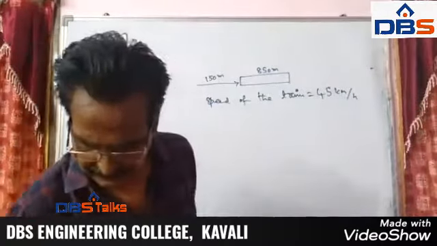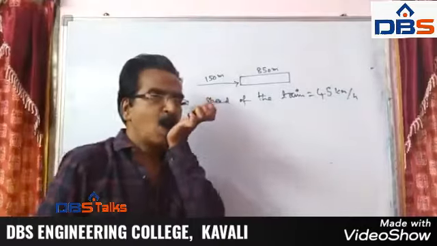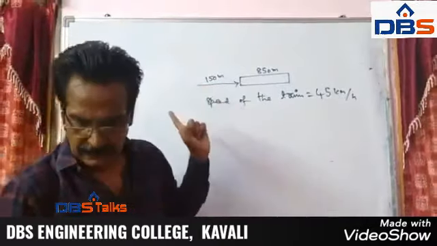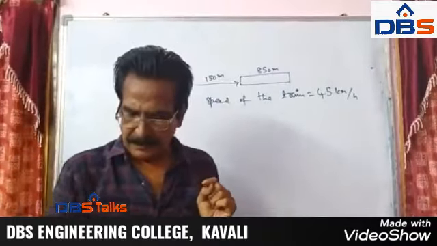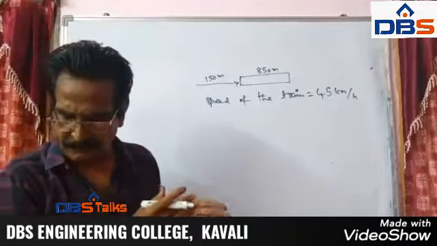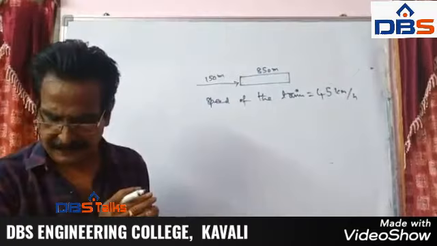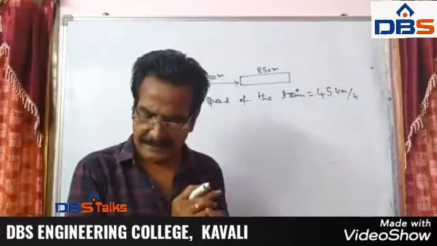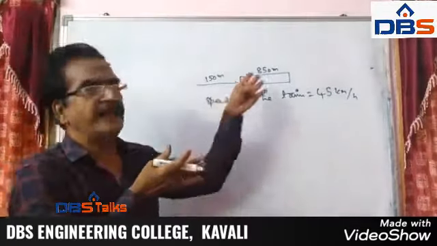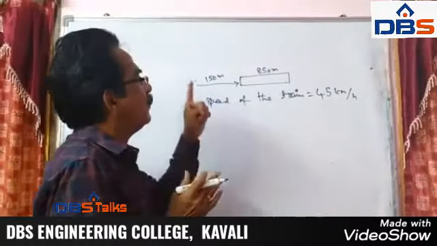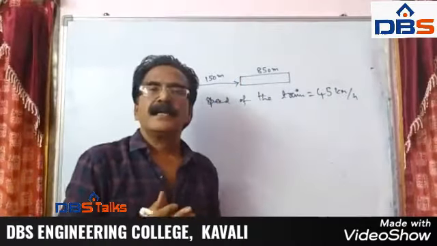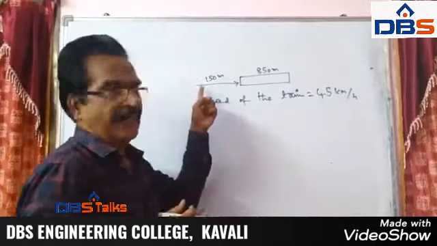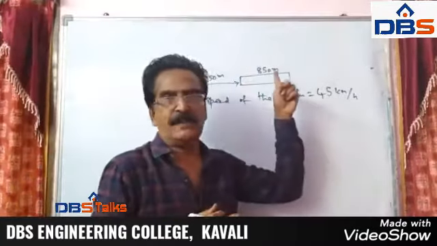See, here the question is the time taken by the train. I shall read the problem. A 150 meters long train is moving with a uniform velocity of 45 kmph. The time taken by the train to cross a bridge of 850 meters long. So, in how many seconds does this train cross this bridge?